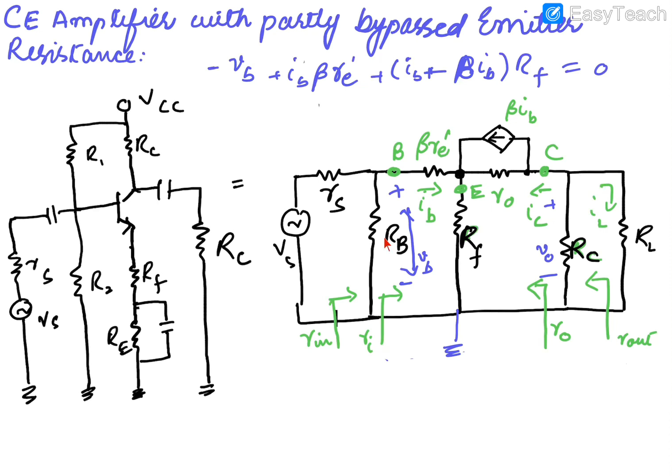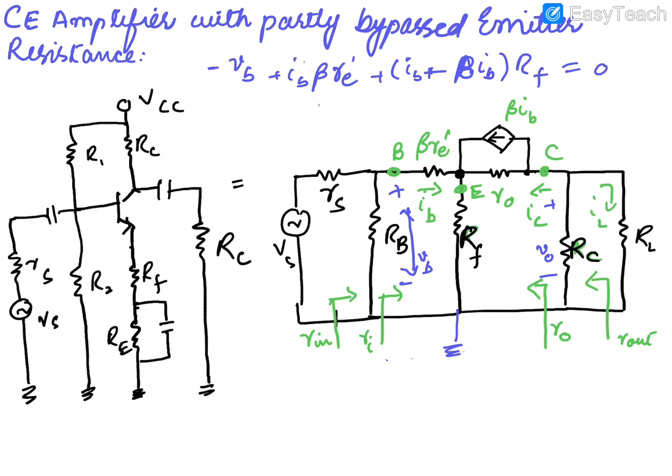RB is basically equal to the parallel combination of R1 and R2, and RS and VS are also connected in this form. Also on the output side, between collector and ground is connected RC.